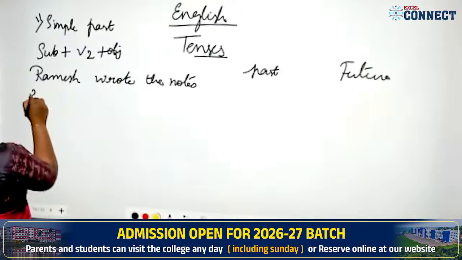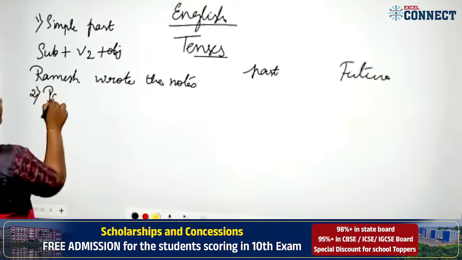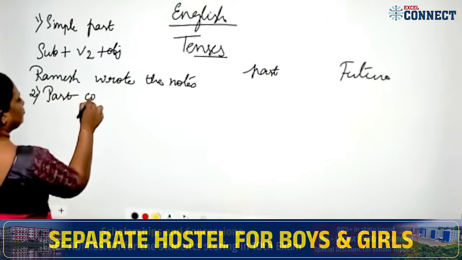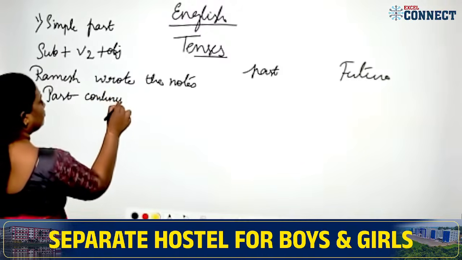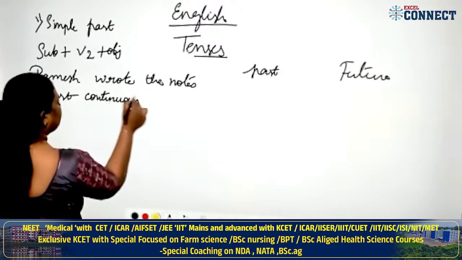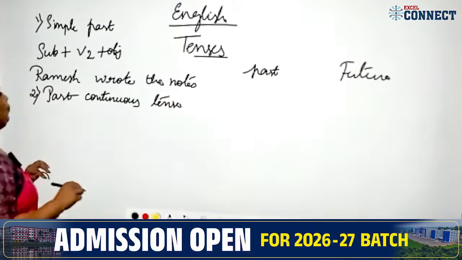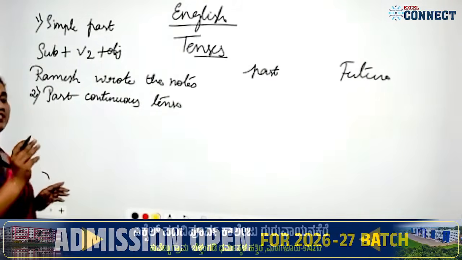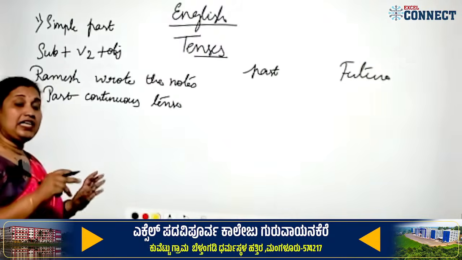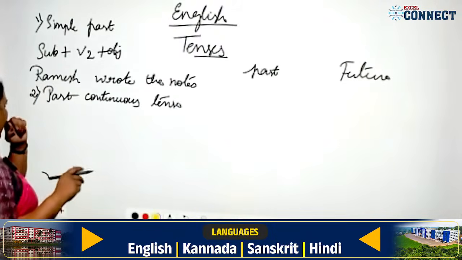And the second one is past continuous tense. So past continuous tense, the action started in the past and there is a continuation in the action.